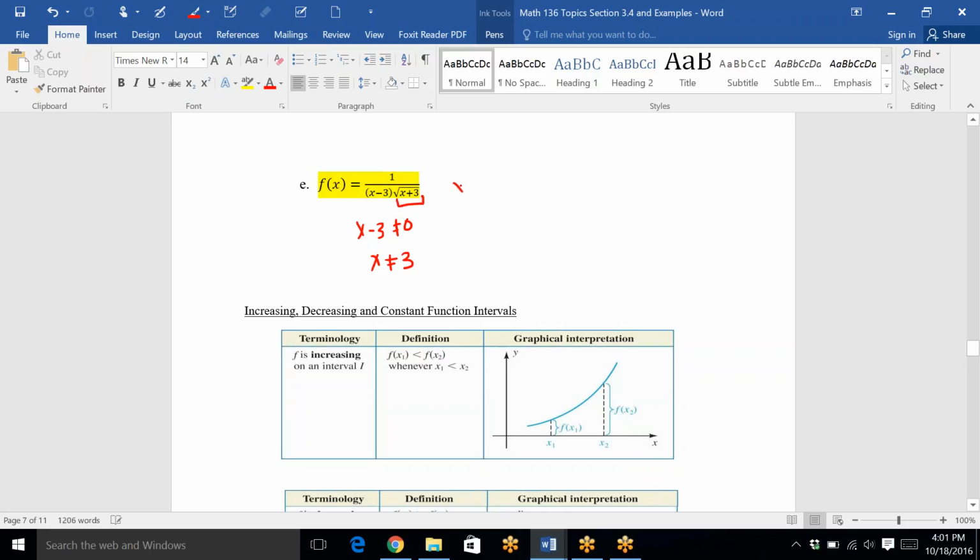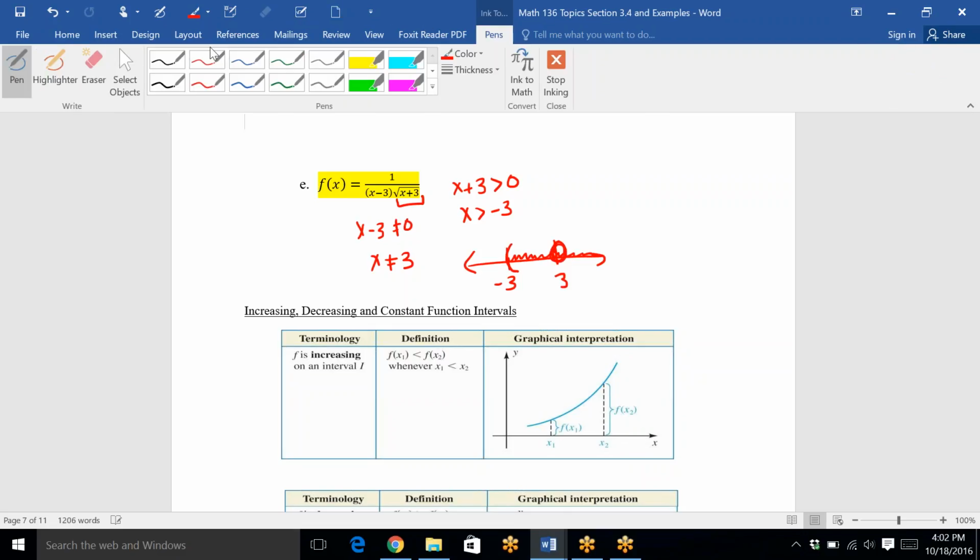For this part, normally X plus 3 would be greater than or equal to 0, but since the radical is in the denominator, we don't let it be equal to 0. So X is greater than negative 3. If you think about those two on the number line, here's negative 3, parentheses, shade to the right, but positive 3 is over here, so that means we actually need to make an open circle because we have a value on this right side that is not going to work because it's in the denominator.